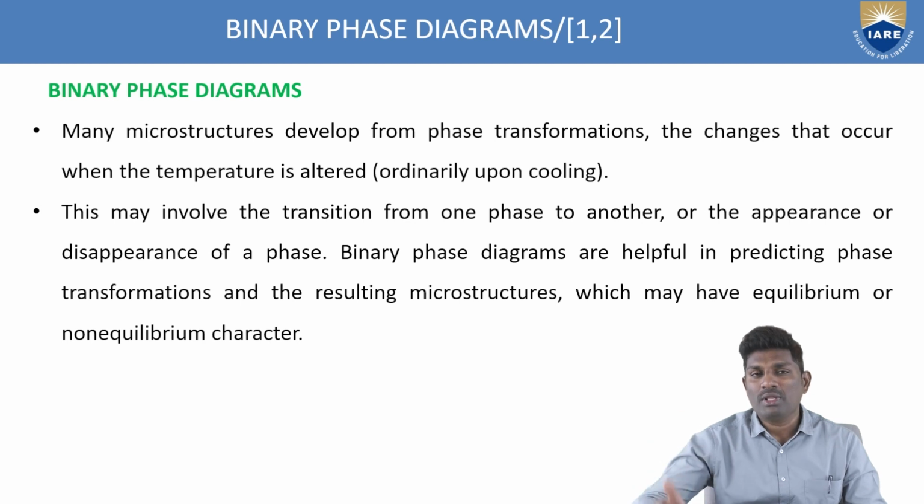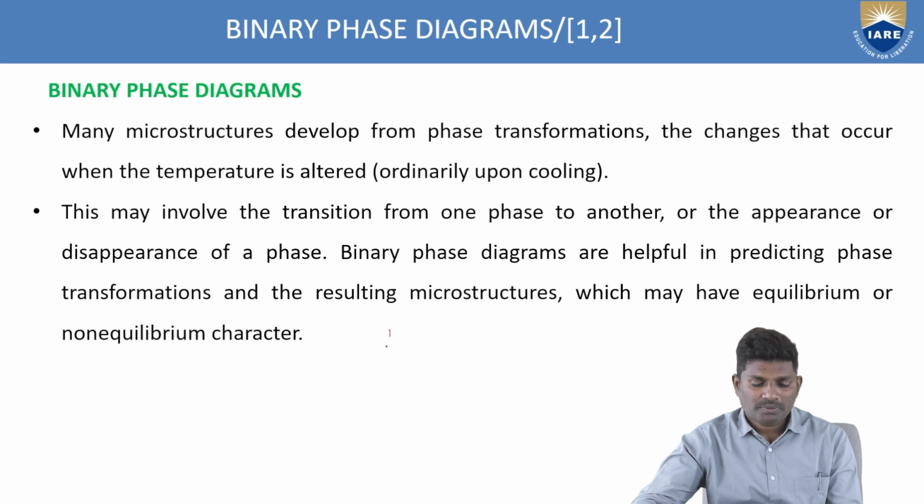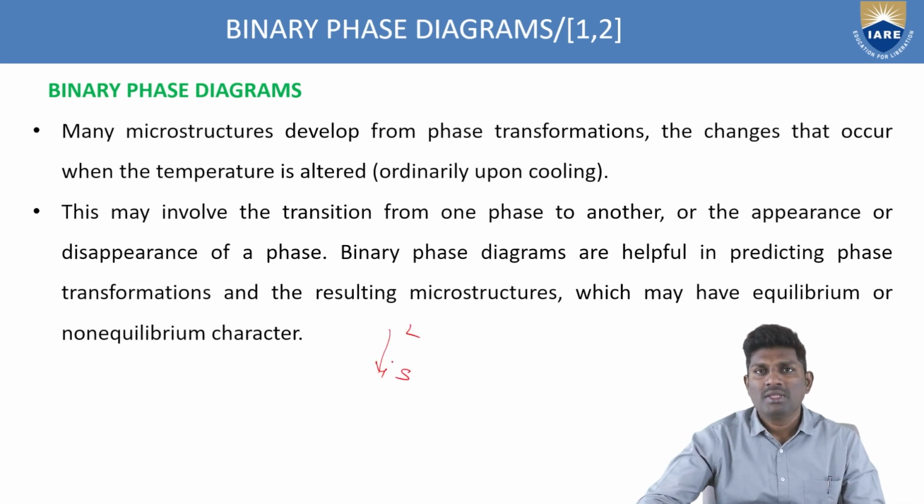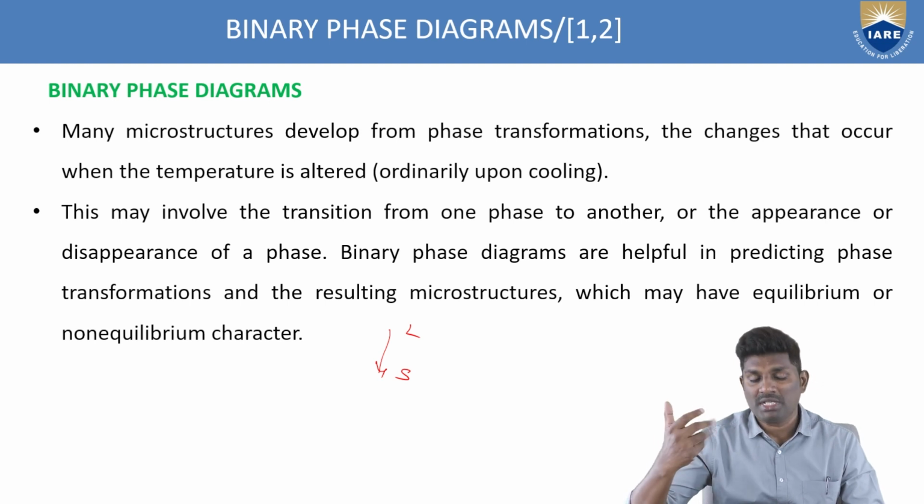So upon ordinary cooling, from solid to liquid state, or from the liquid to solid, what is happening? There is a change in the microstructure. So this completely depends upon the temperature. This may involve the transformation from one phase to another. That means if it is transforming from the liquid to solid state, it is completely from one phase to another phase. So the appearance or disappearance of these phases influences the microstructure.